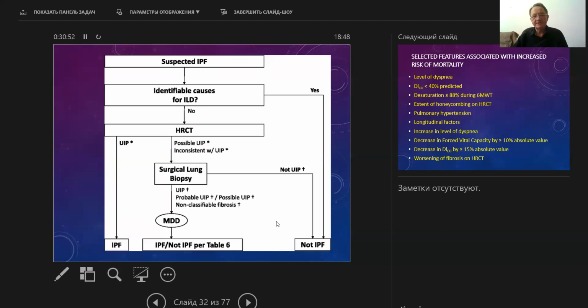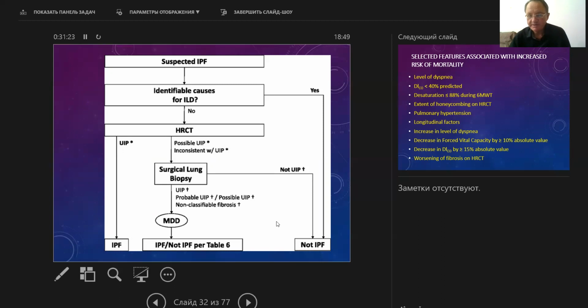That's why, just once more, if you suspect IPF, first of all we should identify a possible causative factor. If we find a causative factor, for example, occupational exposure or consumption of amiodarone, we should exclude the diagnosis of idiopathic pulmonary fibrosis. If we exclude causative factors, we prescribe high resolution CT scan.